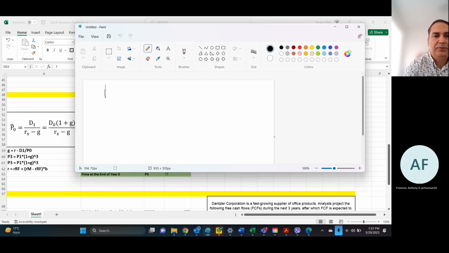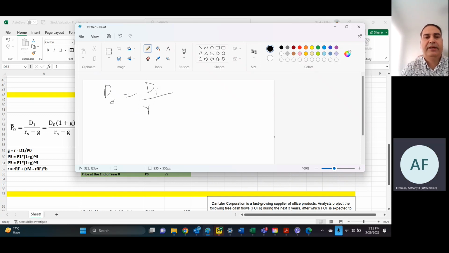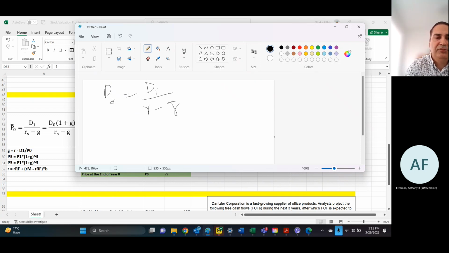We have P0 is equal to D1, which is the next dividend, divided by R minus G. We have to find G, so let me take this to the other side of the equation. So it goes to the other side multiplied with P0, and P0 goes to the other side as a division.